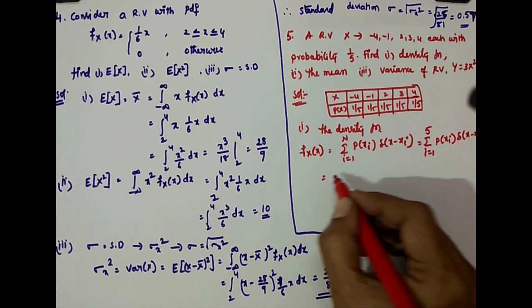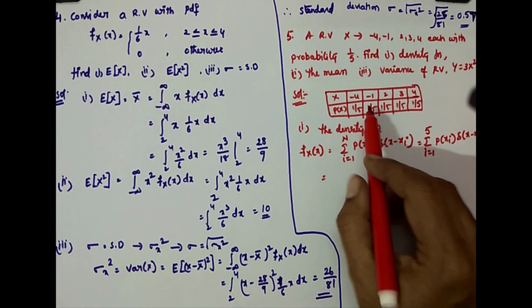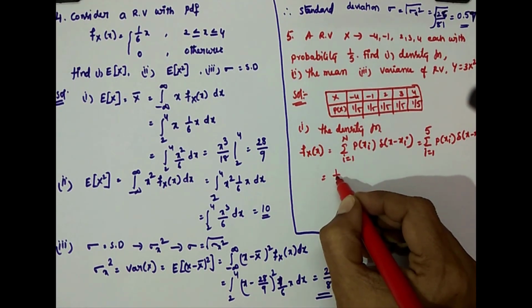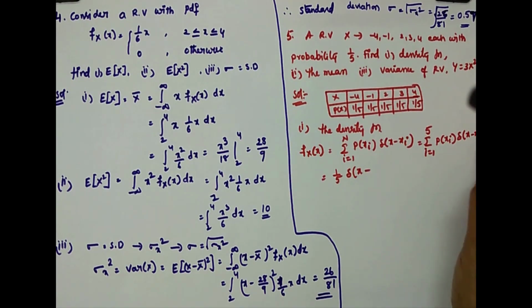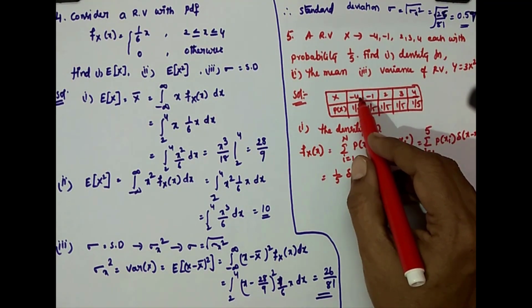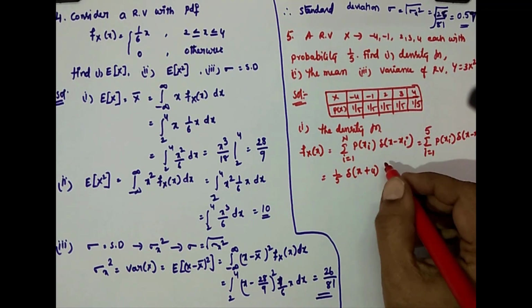So now we'll expand. P of xi for i is 1 is 1/5, delta of x minus, what is xi? It is -4. So if you substitute -4 here, it will become +4.